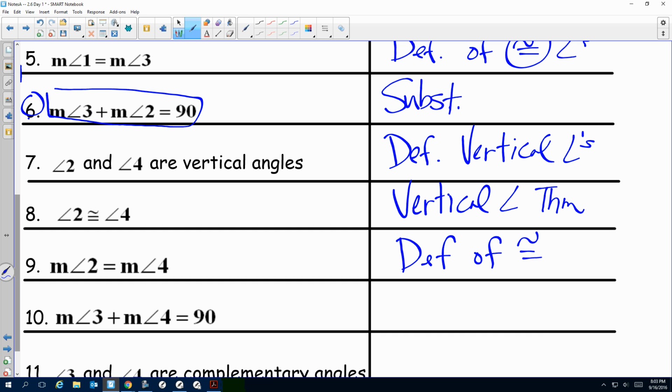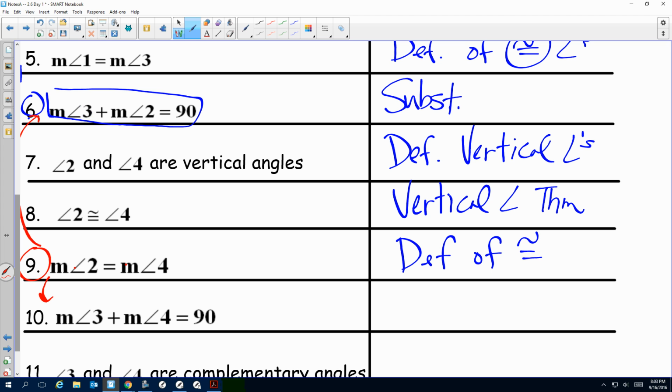And now, because I know 2 is equal to 4, I'm looking back and I'm just going to circle some things. Look back up to this statement here. I had 3 and 2 equal 90. Now 2 is equal to 4. I didn't say 3 equal to 4, but the sum of 2 and 3 equals 90, and I know the measure of angle 2 equals 4.